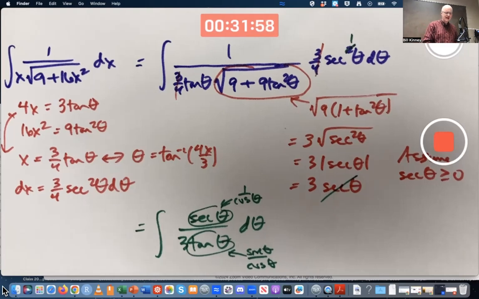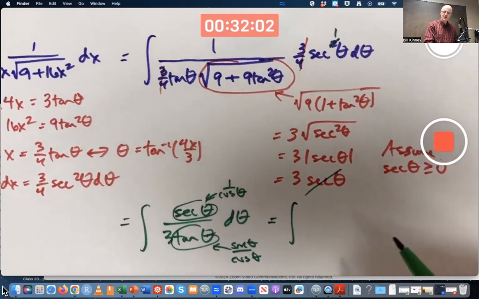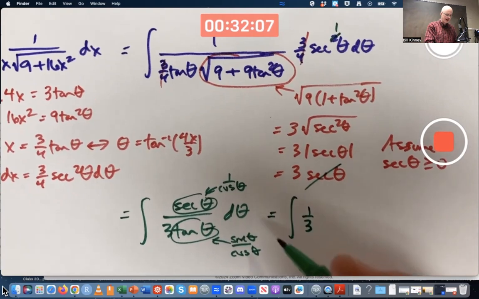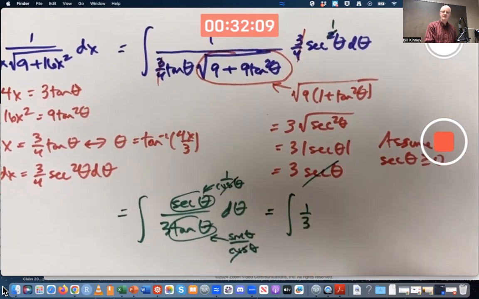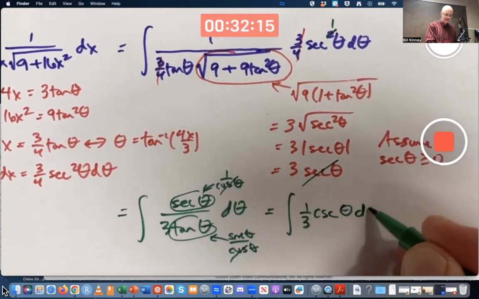Feeling like maybe there's a mistake somewhere, but I'm going to keep going. I'm a little unsure about the 1/3, to tell you the truth. This does simplify. The cosines cancel. You're left with the integral of 1 over sine, which is cosecant theta.